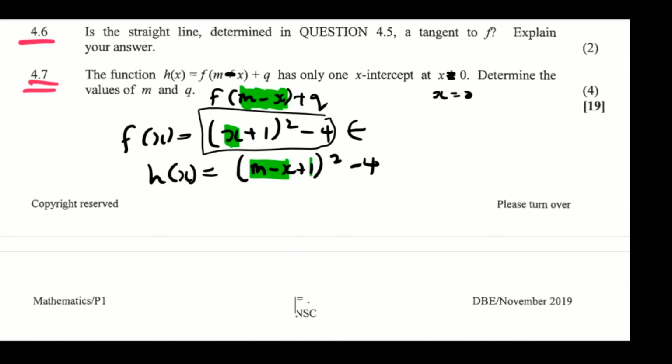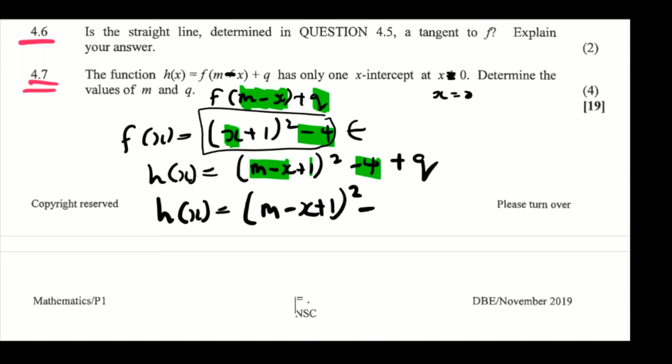So the same goes with this minus 4. I just placed it here, which is the same as this one here, right? Cool. So this is what I'm having. What this means is this. So this would be plus q, right? So if I were to write it nicely, h of x is equal to (m minus x plus 1) squared minus 4 plus q, right?